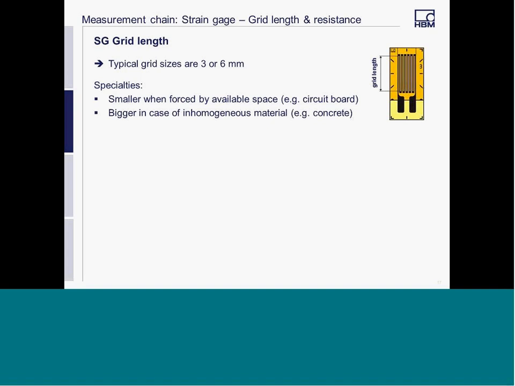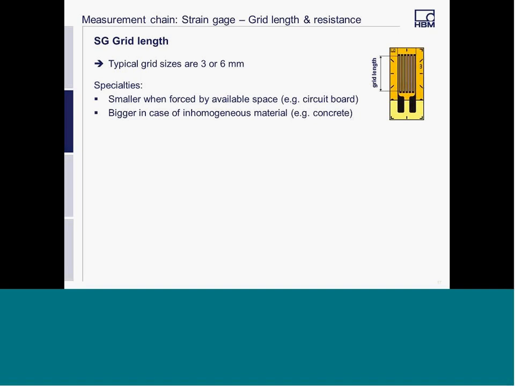But which one should I take? My recommendation: take 3 or 6 millimeter grid length. A smaller one when you have problems with space. If you don't have enough space to glue a 3 millimeter gauge, you have to take a smaller one. A typical example would be an electrical circuit board.